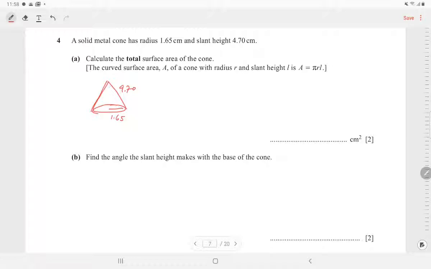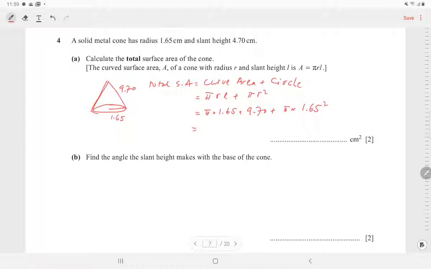Okay, so the total surface area is the curved area plus a circle, or the base. So this is pi times r times l plus pi r squared. So pi times 1.65 times 4.70 plus pi times 1.65 squared.